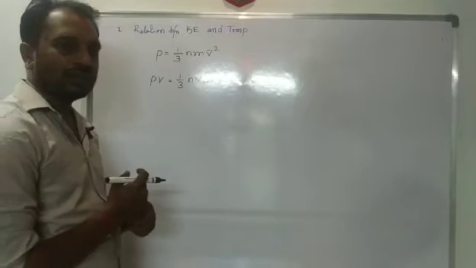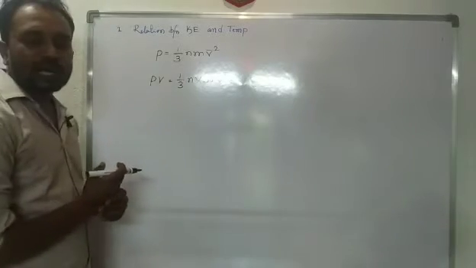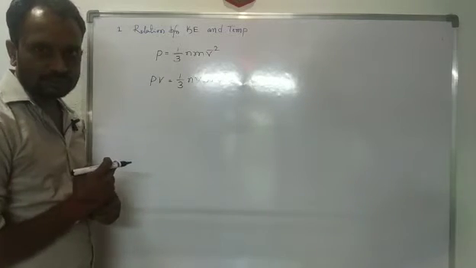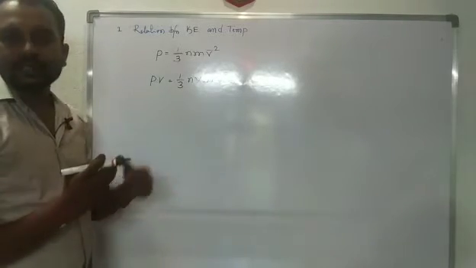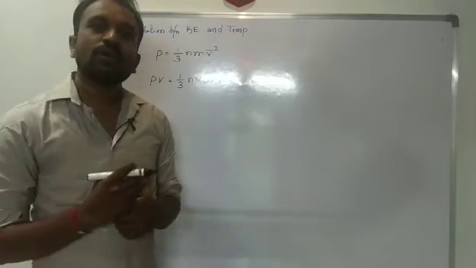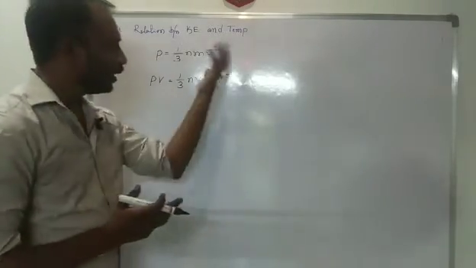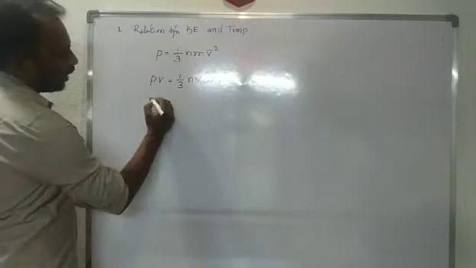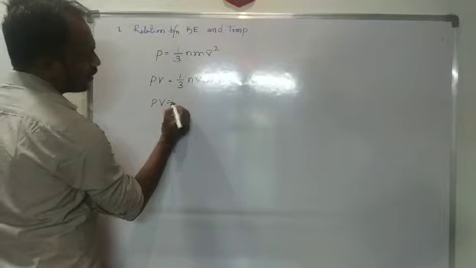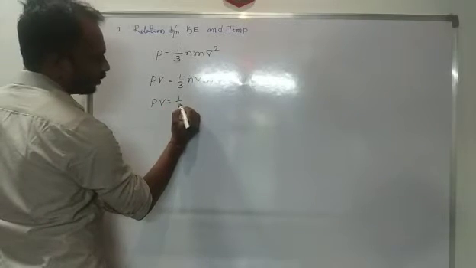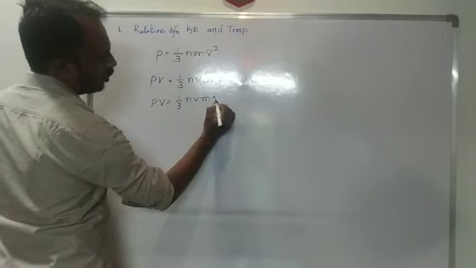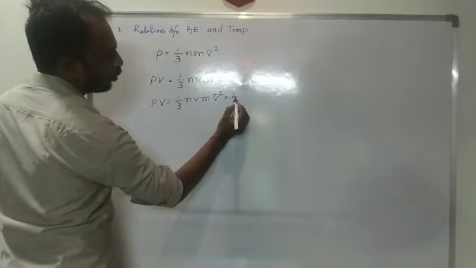Here, multiply and divide by 2 on the RHS. So PV is equal to 1 by 3 N V M V bar square into 2 by 2.